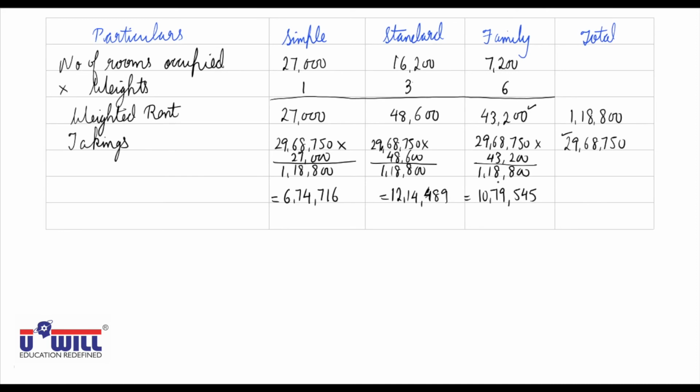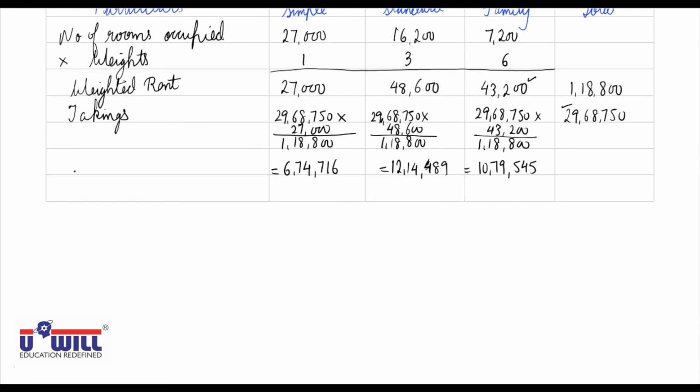Just cross check that the total comes to 2968750 or not. 674716 plus 1214489 plus 1079545. You must get the total 2968750.